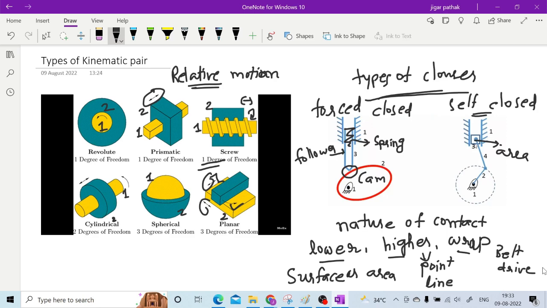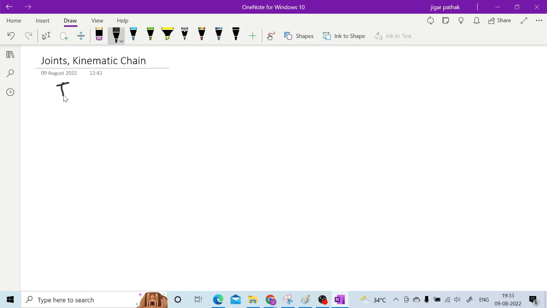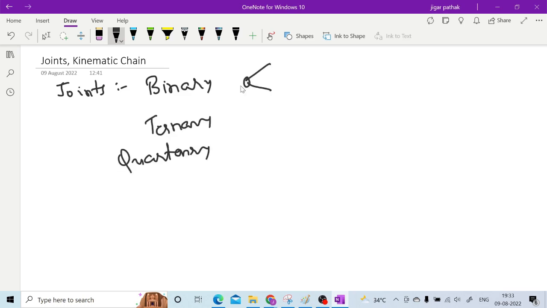Then after these different kinematic pairs, we can see now joints and kinematic chains, right? So as someone was asking, in joints you are having mostly three different types of joint we will study most of the time: binary, ternary and quaternary, right? Binary joint means you are having only two links at a particular joint.